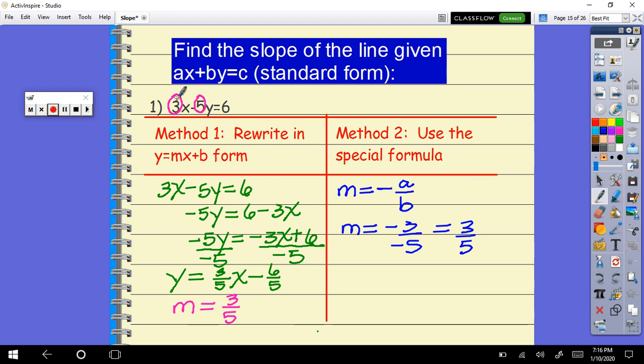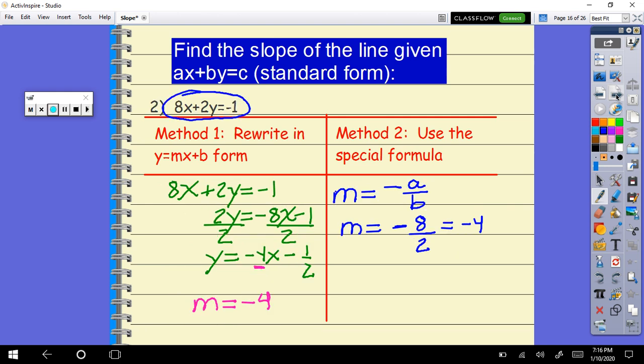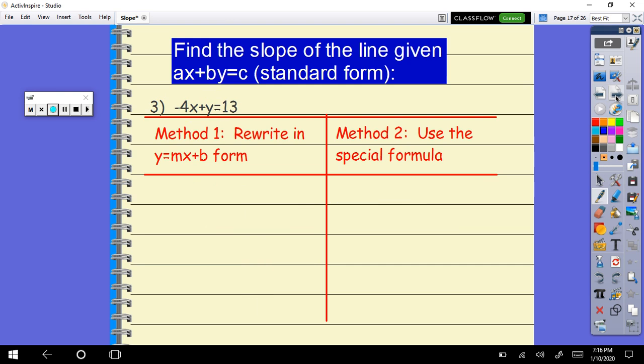Here, you had a positive A, but a negative B. So if the signs of the A's and the B's are opposite, the slope winds up being positive. You don't have to memorize that, but if you recognize little tricks like that, it'll help you move a little faster and kind of double check your work. So one more, all right?